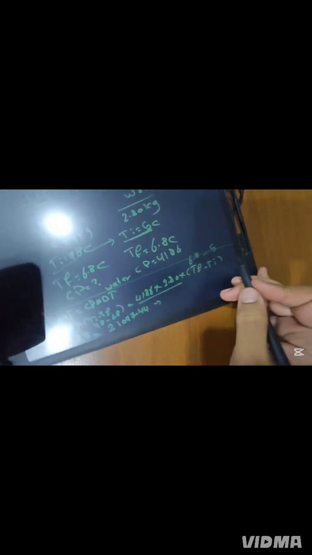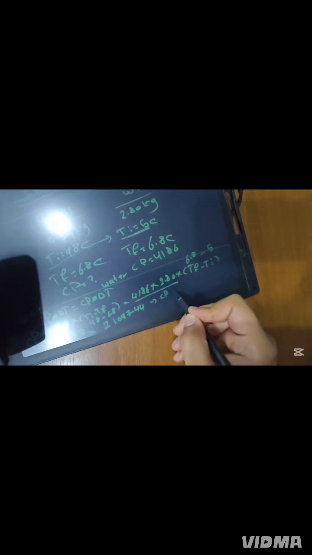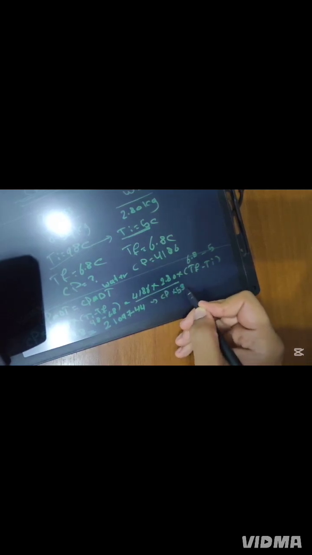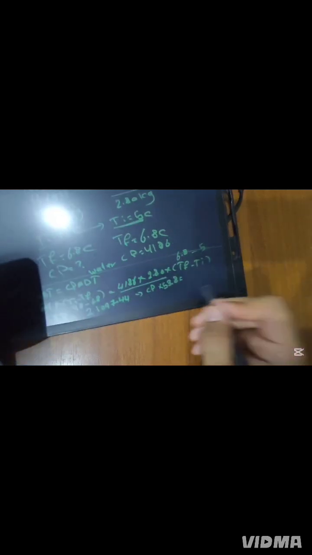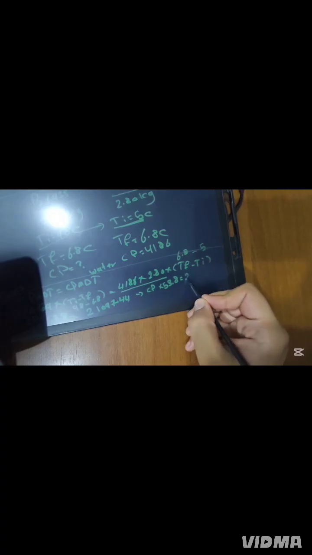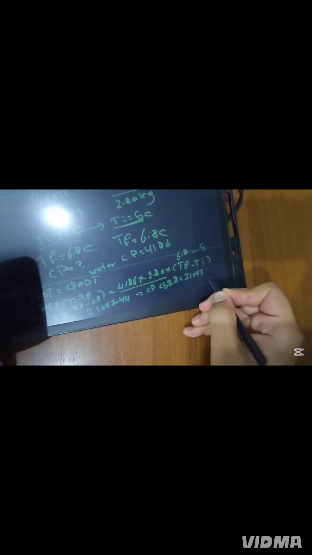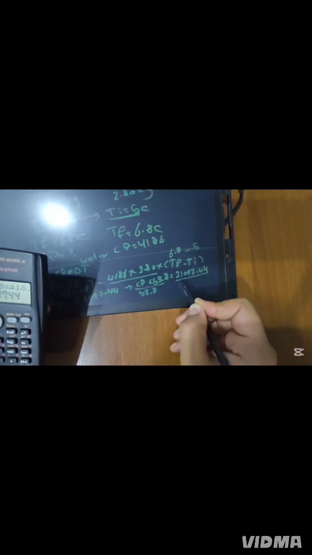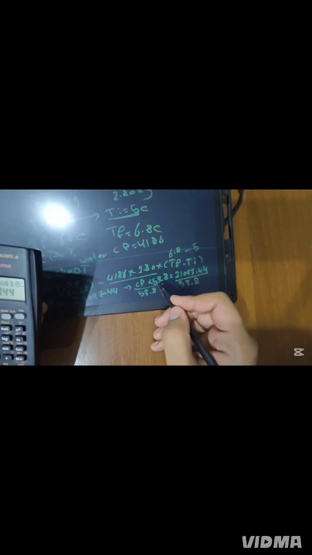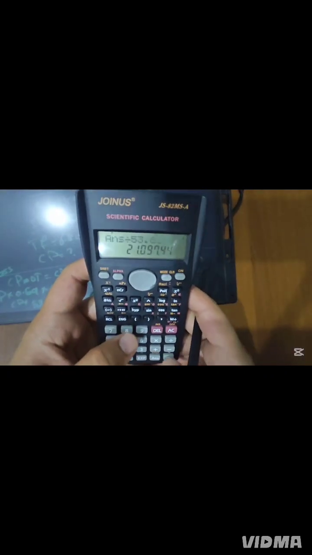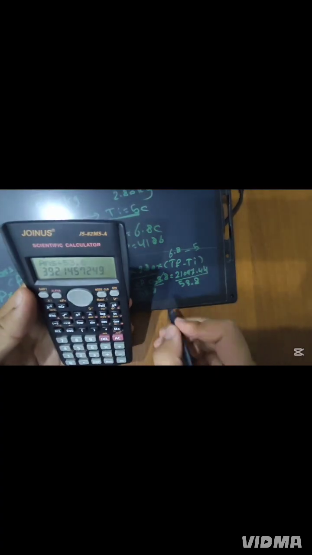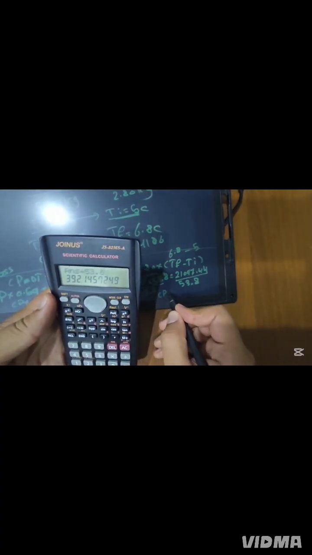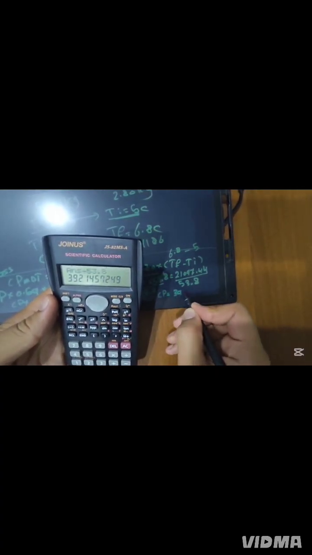Then what is left? Cp times 53.8 equals 21097.44. How can we get the value of Cp? Divide both sides by 53.8; the 53.8 will cancel. So this number divided by 53.8, the answer is the Cp of the brass that we found, which is equal to 392.